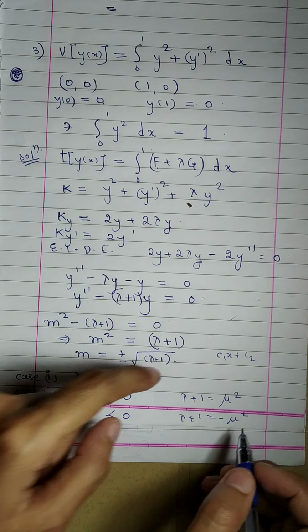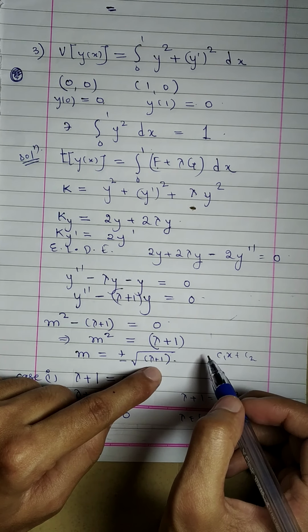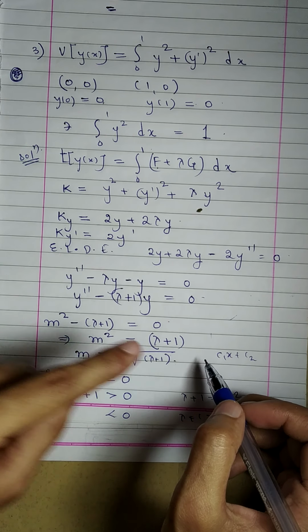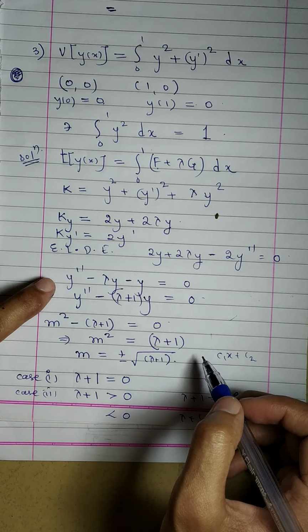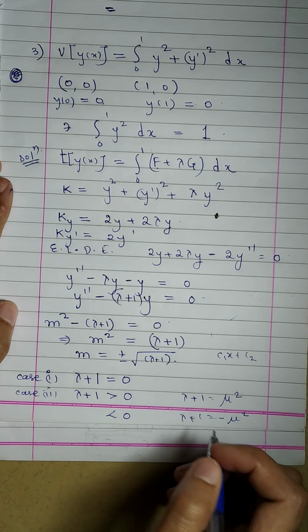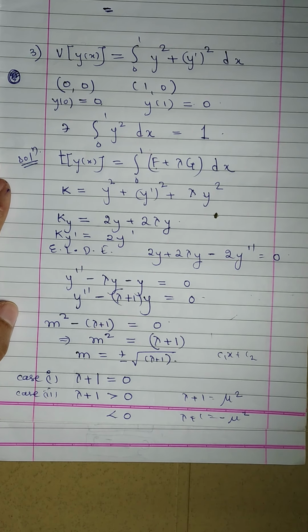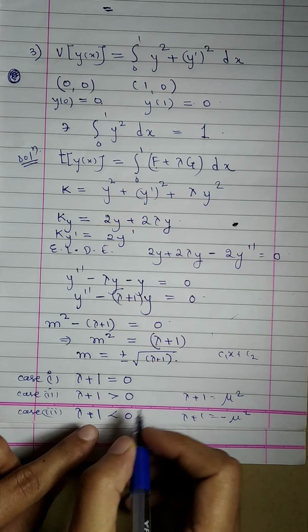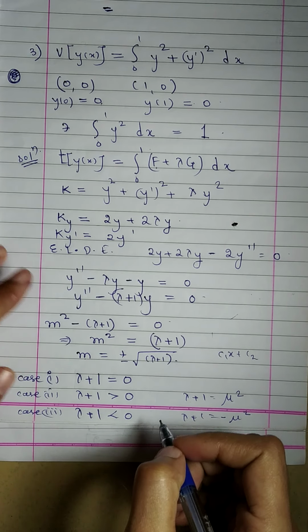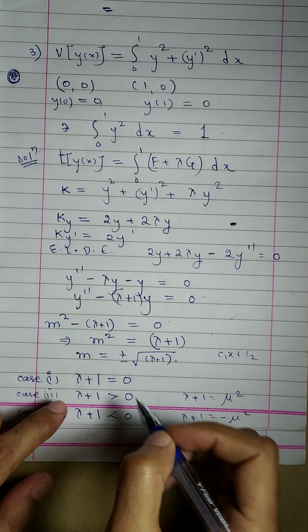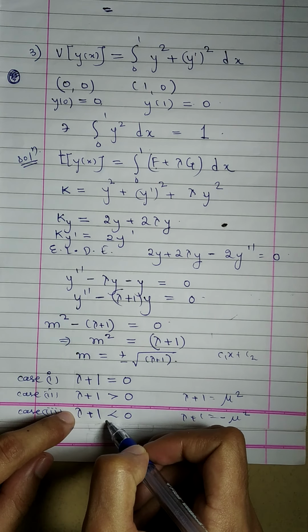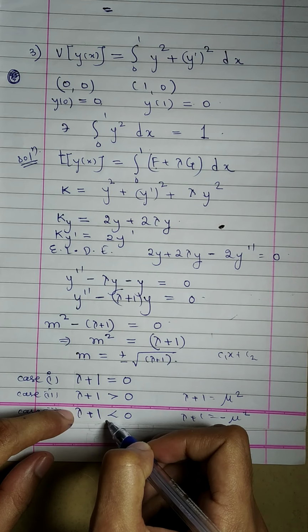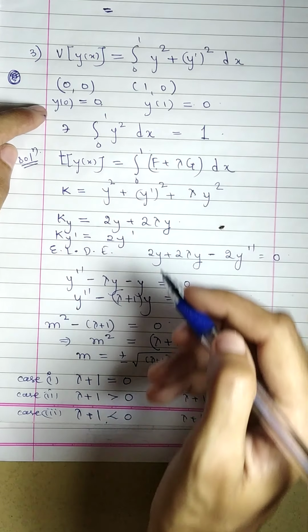Again you will have to argue depending on whether we are getting the trivial solution or the non-trivial solution. I will not solve this problem in detail here, but I have discussed these cases, and you will have to follow similar steps as we have seen in the previous examples.